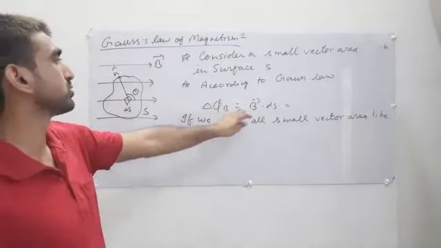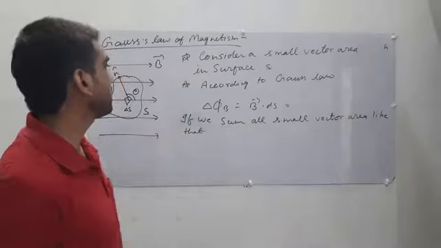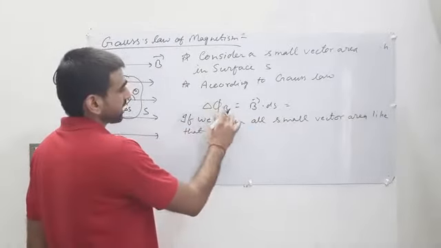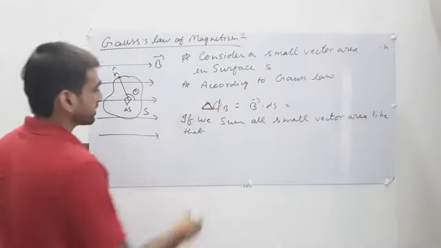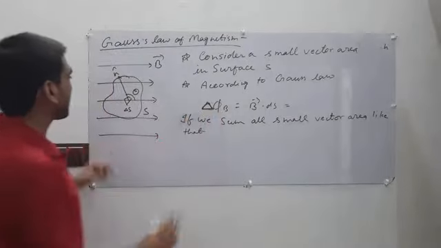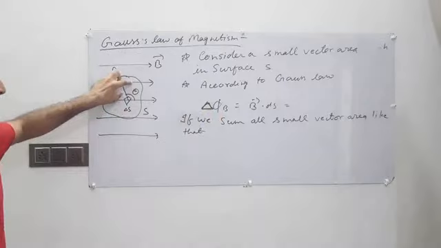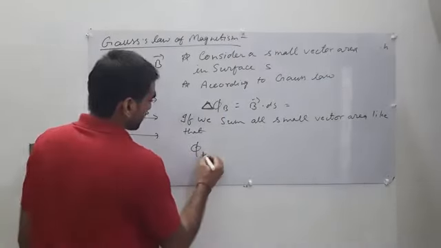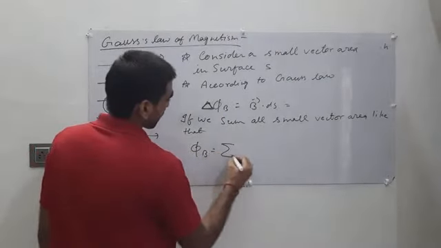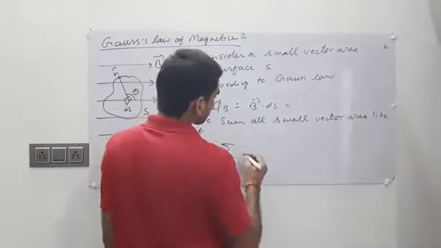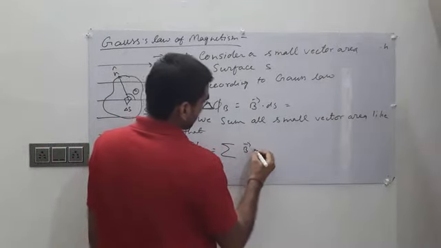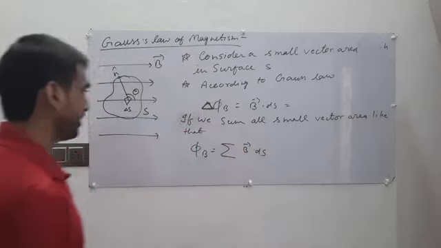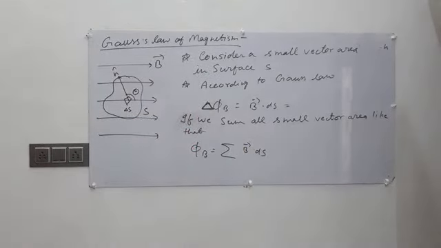This is due to the small unit areas, that's why we represent it as delta phi b. Delta represents a very small amount of flux. When we sum all these small areas in that surface, we get phi b as the summation of B dot ds.